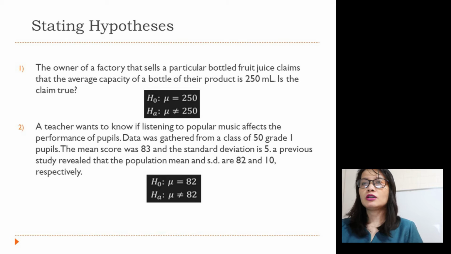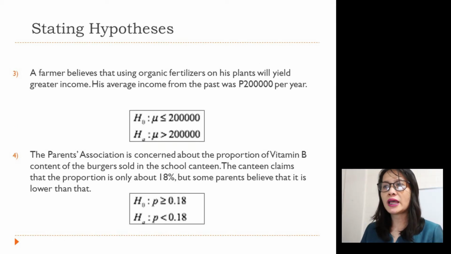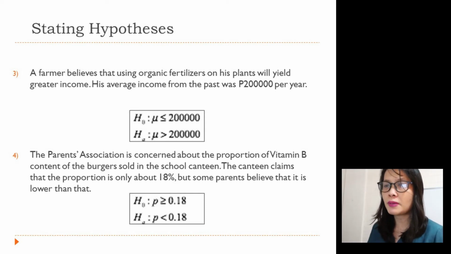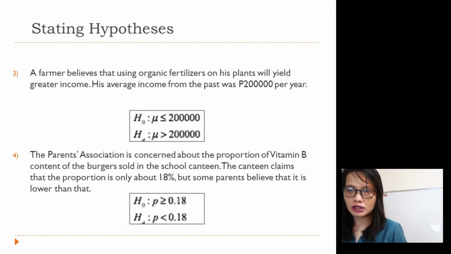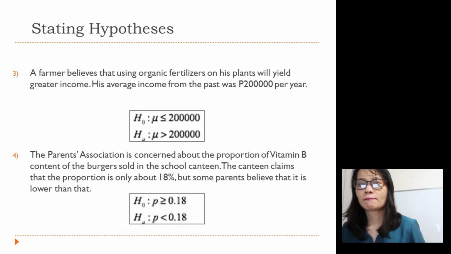Here, number 3. A farmer believes that using organic fertilizer on his plants will yield greater income. His average income from the past was 200,000 per year. So in here, what will be your H0?